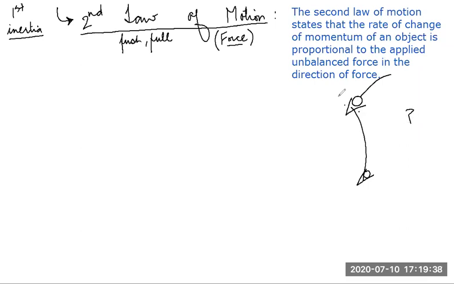Why? Number one, why is this time gap there? Why does he not catch the ball there only?